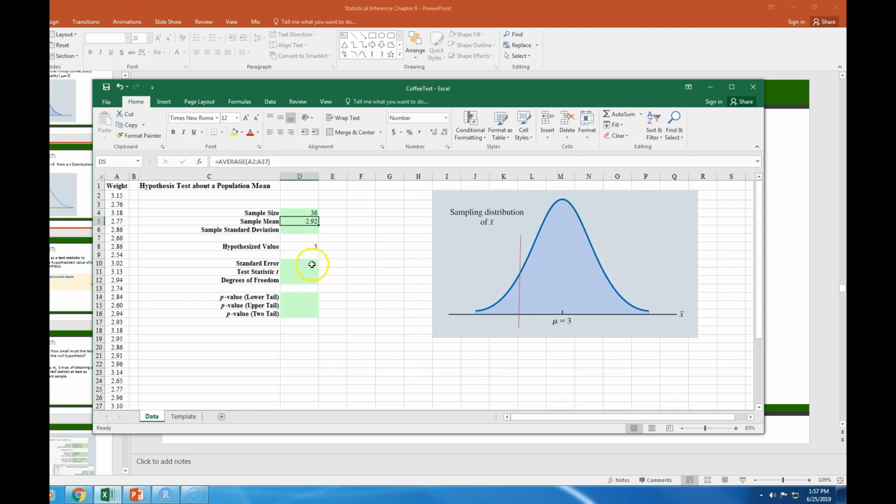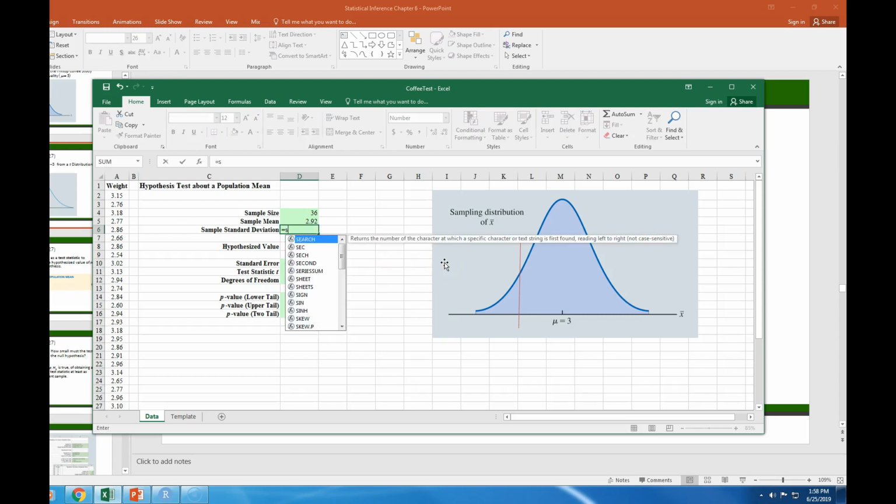For that, we have to calculate the t-statistic, but in order to calculate the t-statistic, we need some calculations before that. The first one is the sample standard deviation. So I'm going to use the standard deviation function in Excel to do that. Since this is clearly a sample, I will use the STDEV.S.